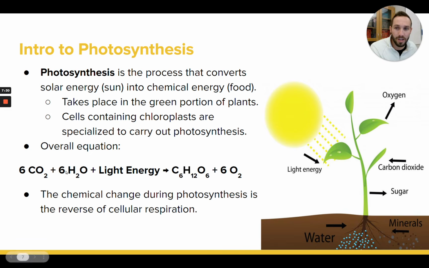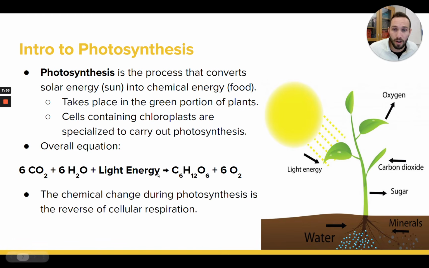Here's the overall equation. You take carbon dioxide molecules and water molecules, along with some light energy from the sun, and use that to transform those molecules into glucose, or sugar, and oxygen. A lot of times when we're looking at photosynthesis, this is the summarized equation that we see.